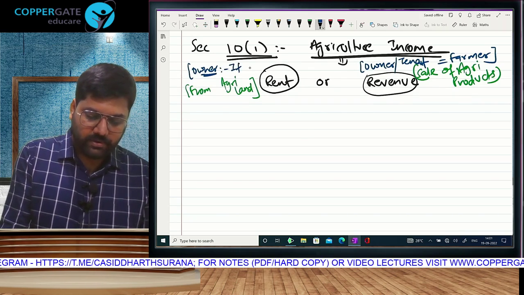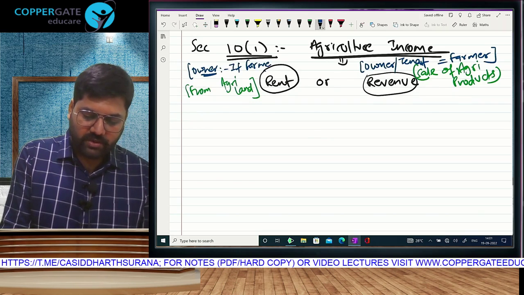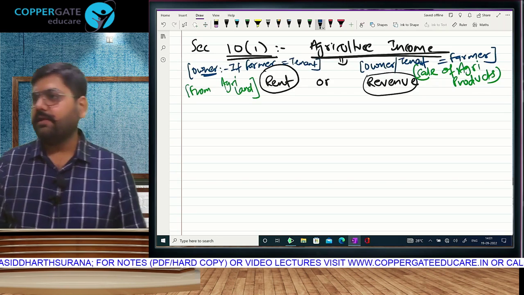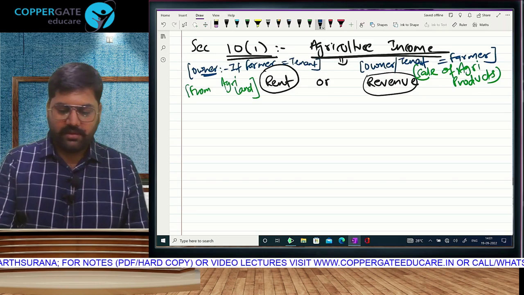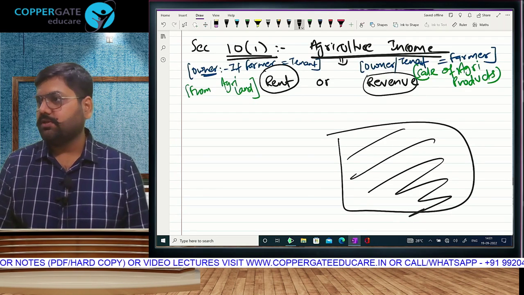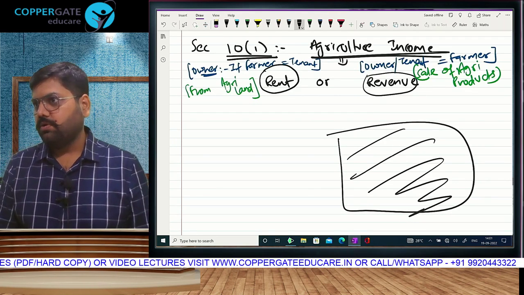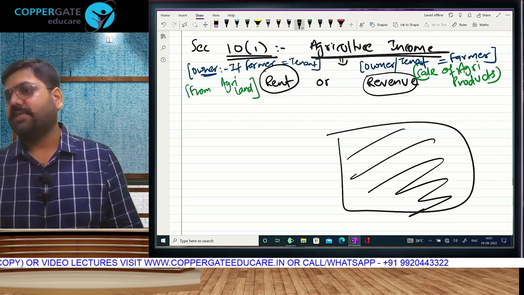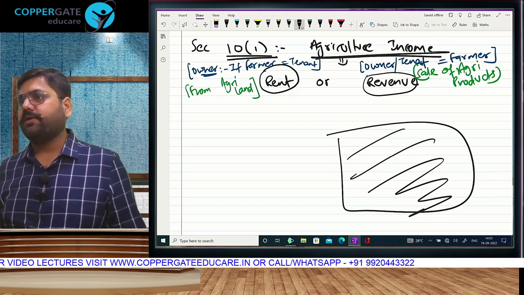If he himself is not doing farming, the farmer is his tenant. That means there is agricultural land. One person is doing agriculture on this and earning revenue. What is the tax treatment of that revenue? When I ask about tax treatment, I mean taxable or not taxable.